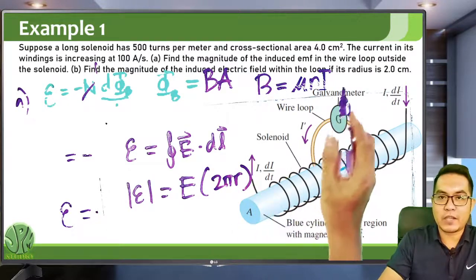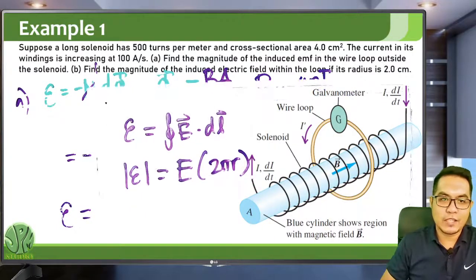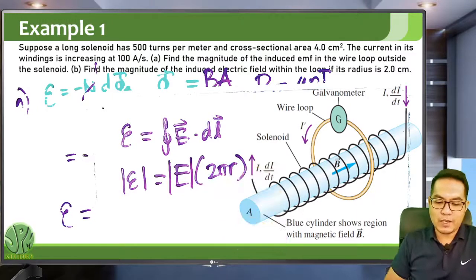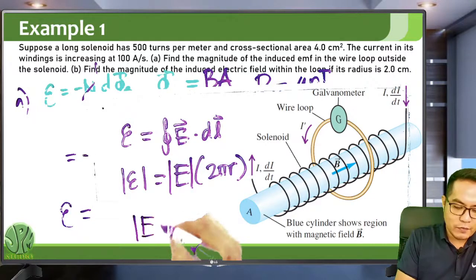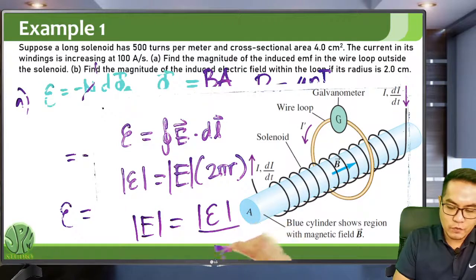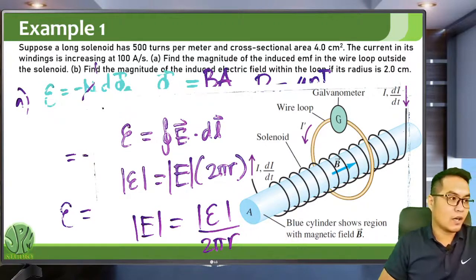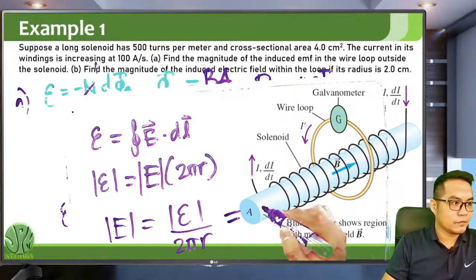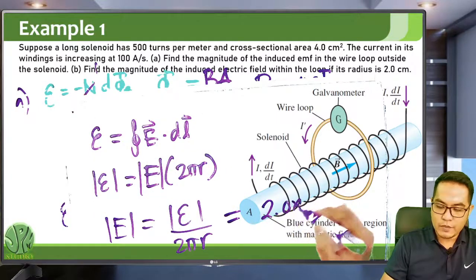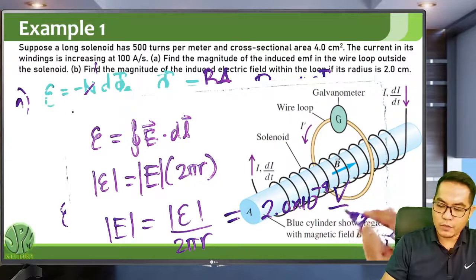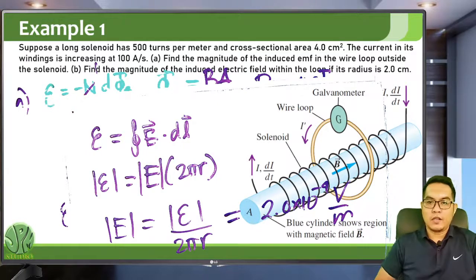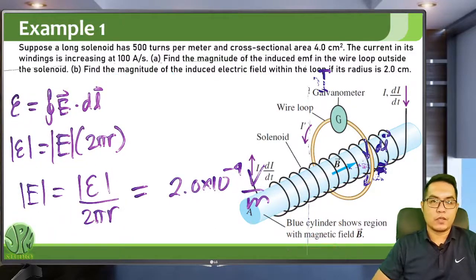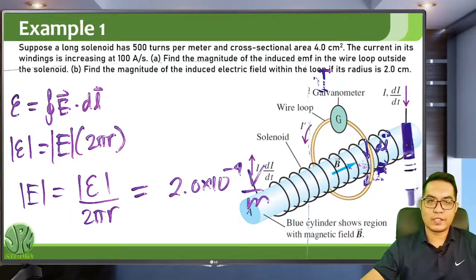We are given the radius of the loop is 2 centimeters. We are only talking about the magnitude. The magnitude of the electric field will now be the magnitude of the EMF over 2 pi r. And this will give you a value of 2 times 10 to the negative 4 volts per meter. The unit volt per meter is actually equivalent to newton per coulomb. So that's it.